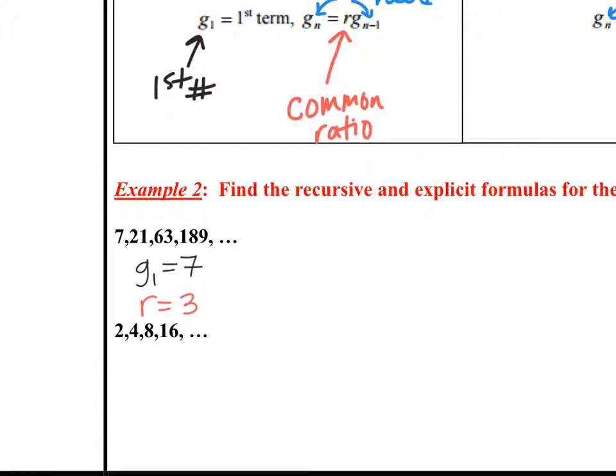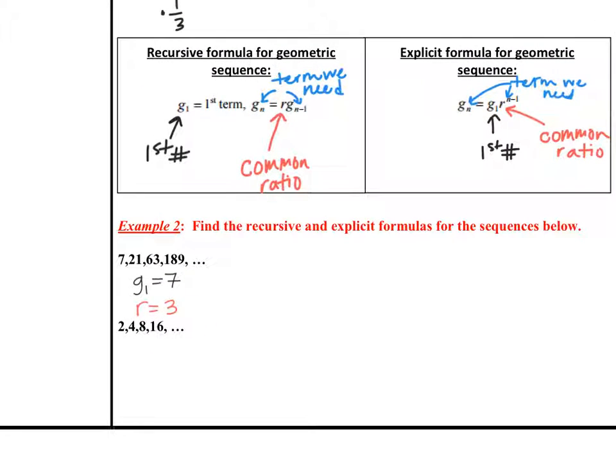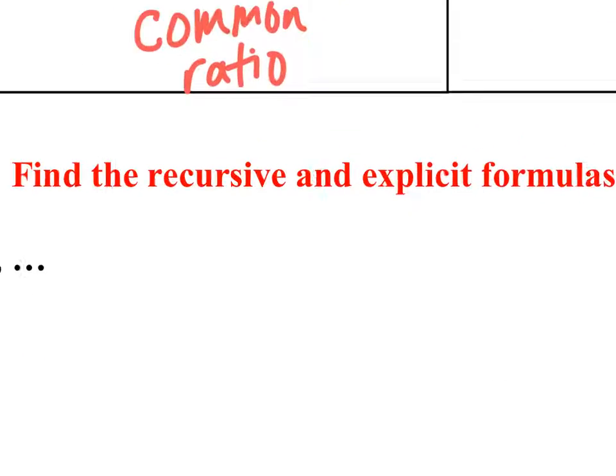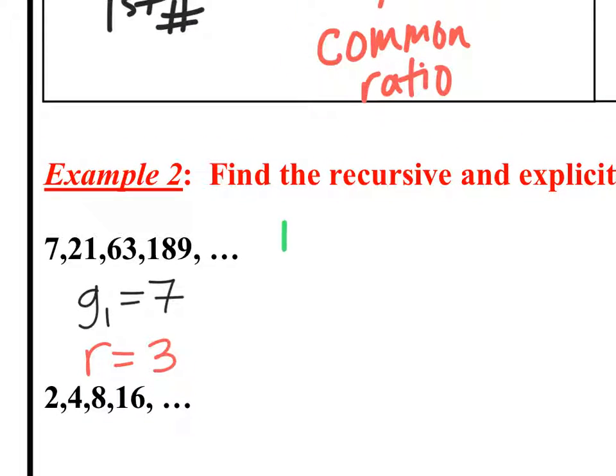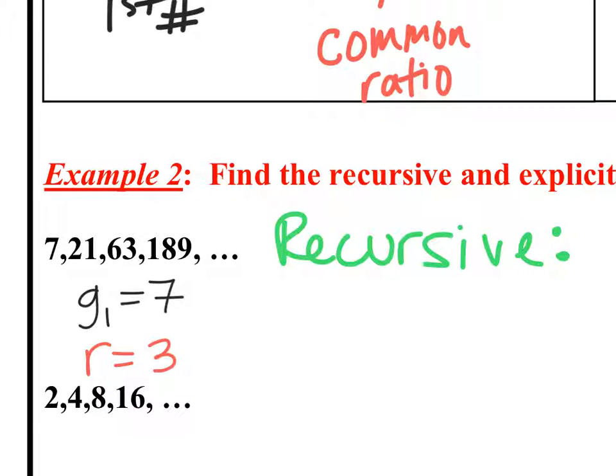We are asked to write the recursive and explicit. Let's make sure we label what we're doing. We're first going to do the recursive formula, which is where I say, hey, here's my first term. So I'm going to write G1 equals 7, comma.